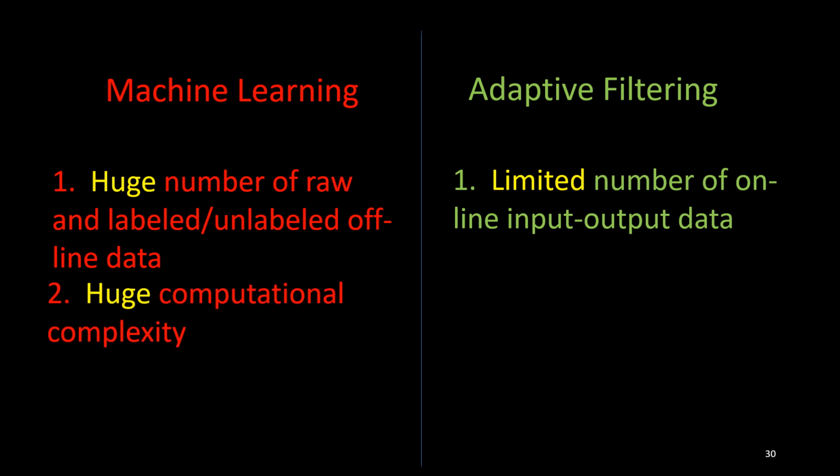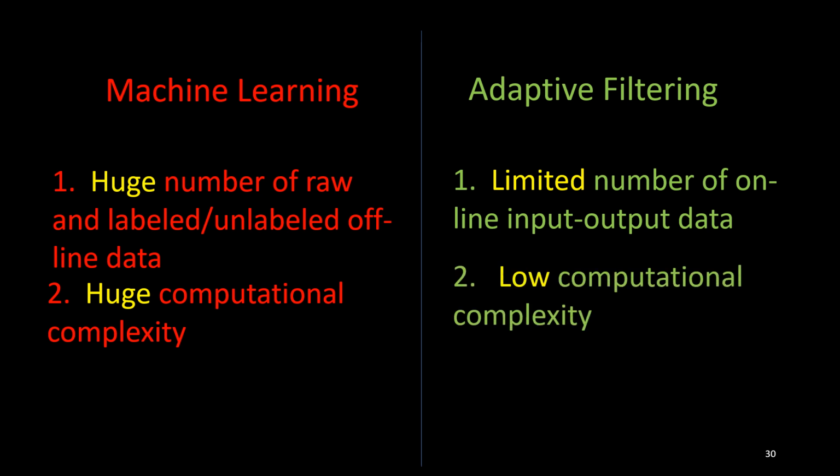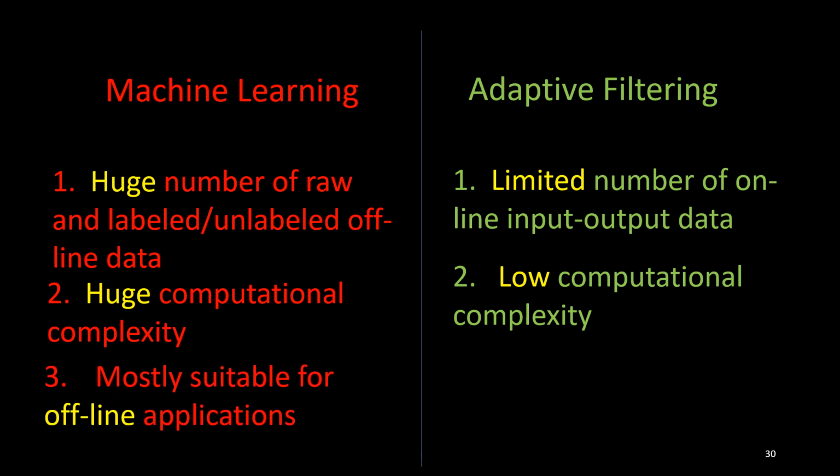So in machine learning, you will find huge computational complexity due to deep neural networks, whereas in adaptive filtering, the complexity should be as low as possible because it is used for online applications. So machine learning algorithms are mostly suitable for offline applications, though recently people are working on machine learning so that those architectures will also be applicable for online applications.